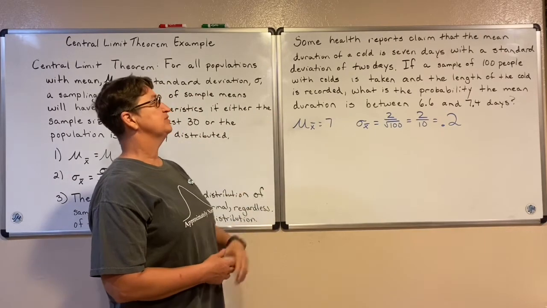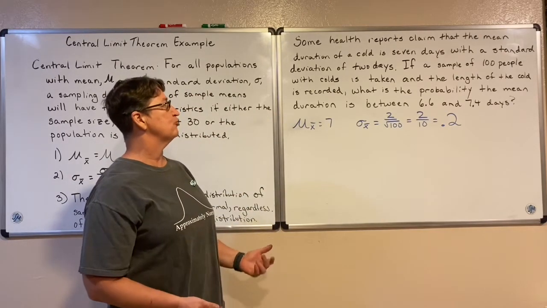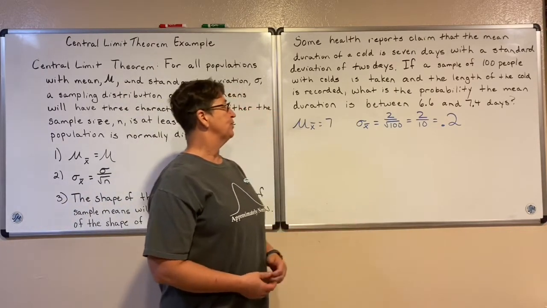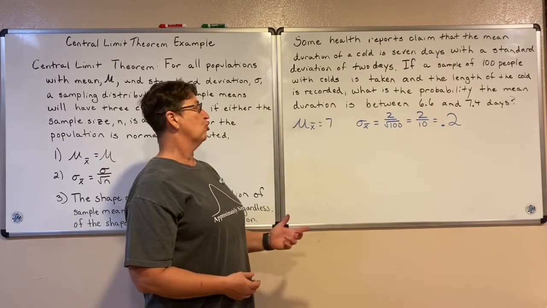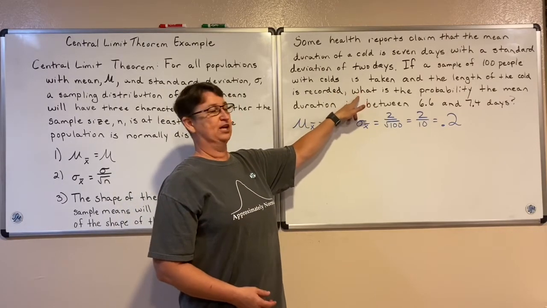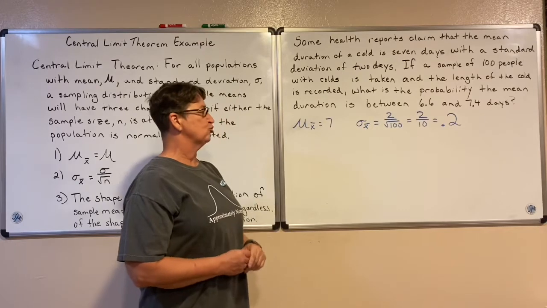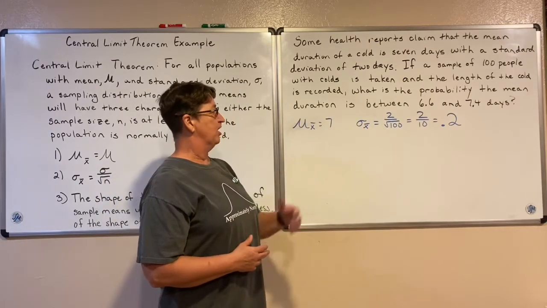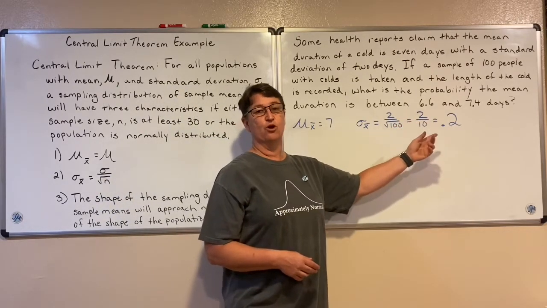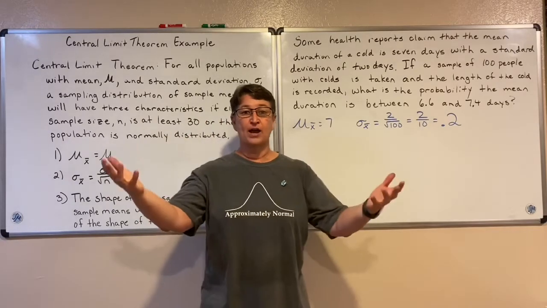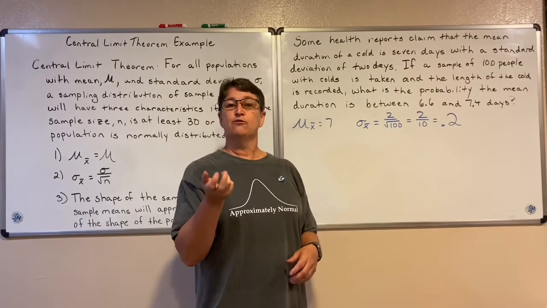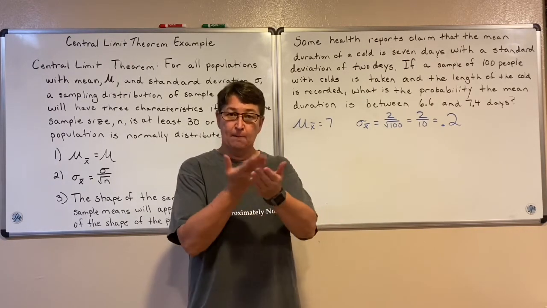The same problem: some health reports claim that the mean duration of the cold is 7 days with a standard deviation of 2 days. If a sample of 100 people with colds is taken and the length of the cold is recorded, so we've got the same setup, but here at the end our question has changed. What's the probability the mean duration of that sample of 100 people is between 6 6/10 and 7 4/10 days? In other words, we've gone out and collected the duration of a cold from 100 different people, and we find a mean from that.